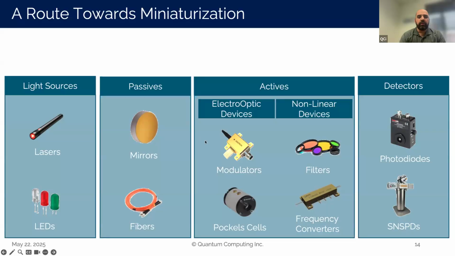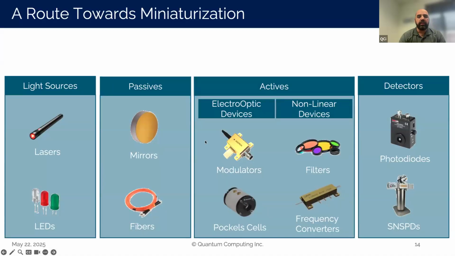But ultimately, what you want to do is do something to the light that's on the chip, and that's where the most interesting devices come in. These are active devices. They do something to change the state of the light. There are several flavors of those. They're the electro-optic devices, which I'll mention in the next few slides.